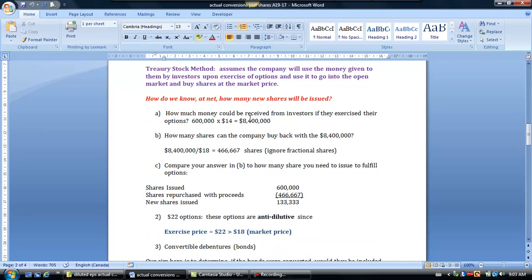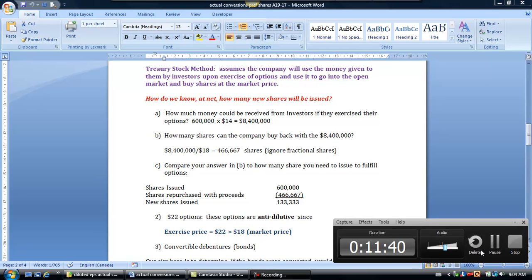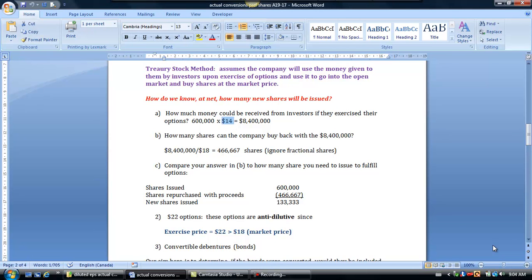Well, again, we know the exercise price was $14 a share, and these guys would have received 600,000 common shares, right? So the 600,000 common shares that they would have received when they exercised their options would mean that they would have given us $8.4 million.